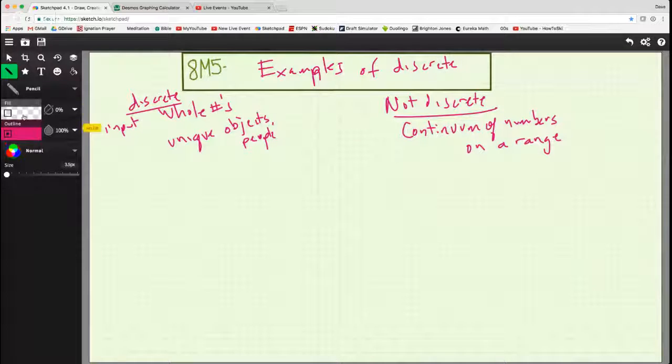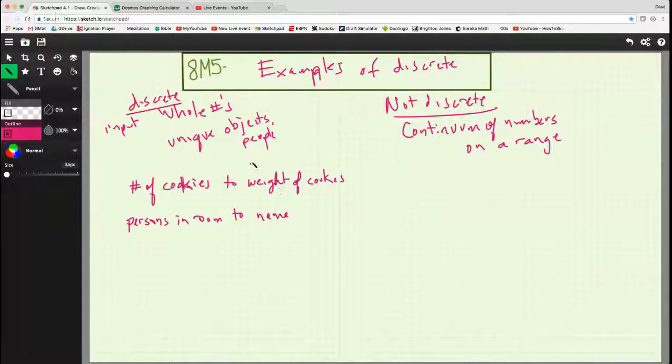Okay, so discrete functions are things like number of cookies to their weight, or the persons in the room to name.